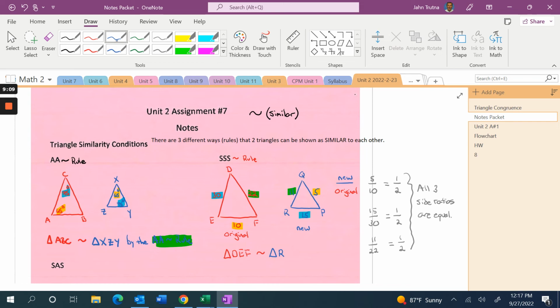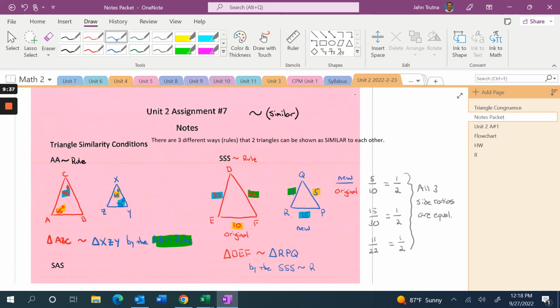E has to match up with what letter in the blue triangle? That would be P. And then F would have to match up with Q. So triangle DEF is similar with triangle RPQ, and this would be an example of by the SSS, side, side, side, similar rule.